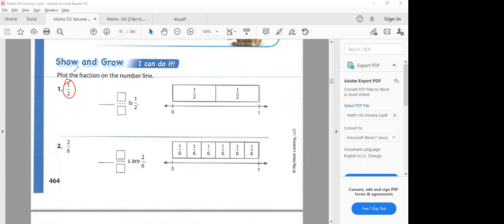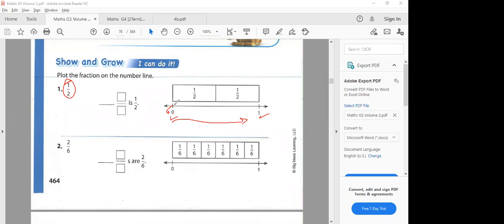Just draw the number line like this, starting with zero. All of you know that any number line starts with 0 and goes to the right, the numbers getting greater. So you will write down 0 and 1. The fraction will be between 0 and 1.